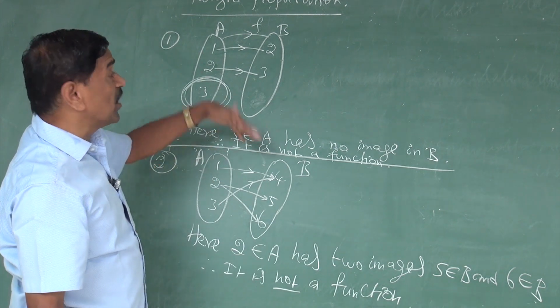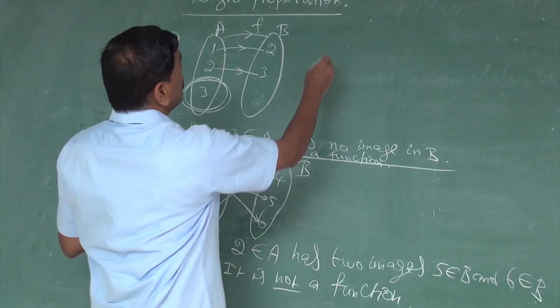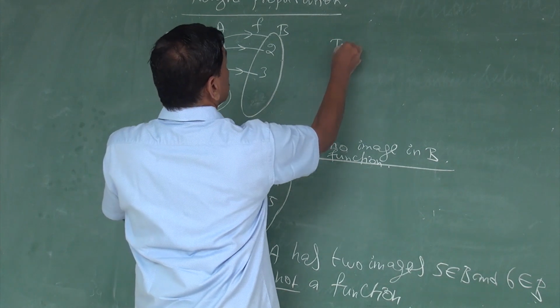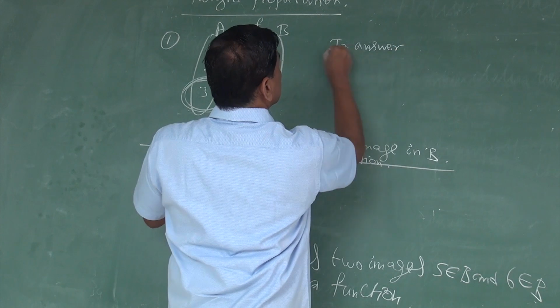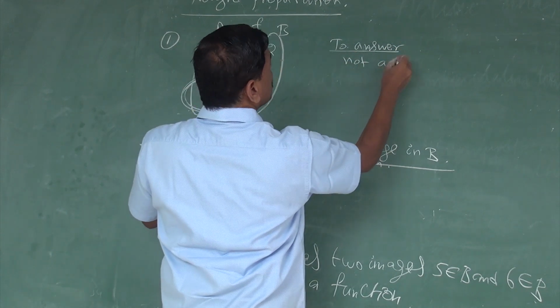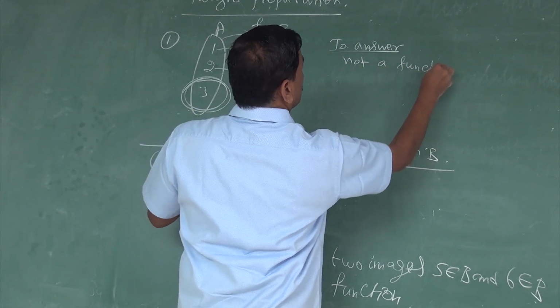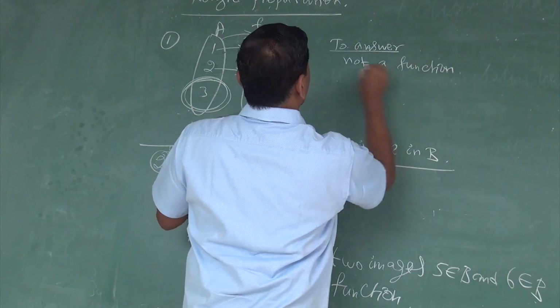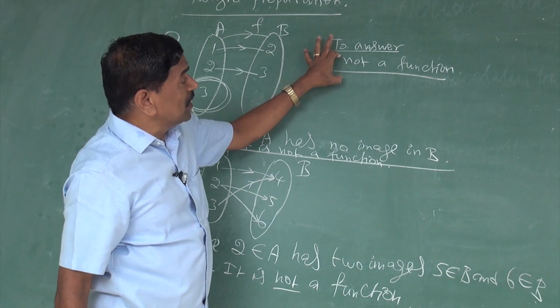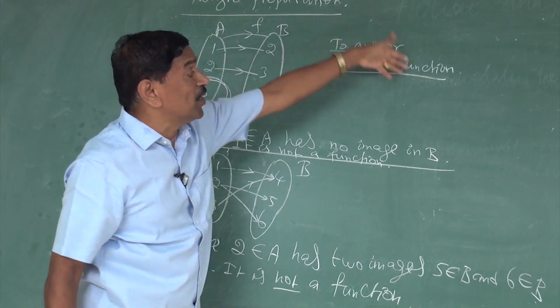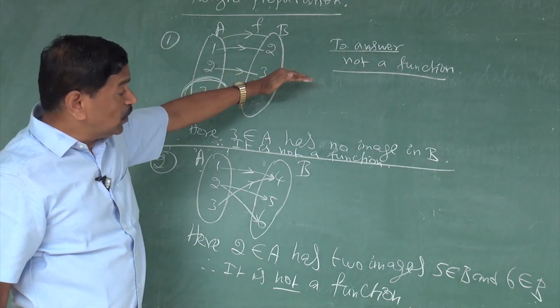So, to answer not a function, we have 2 ideas. That is, first one, second one. To answer that f is not a function, there exist 2 ideas.